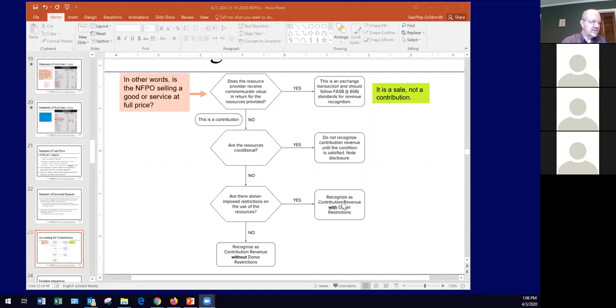If the answer is yes, it's revenue, but it's revenue with donor restrictions. If the answer is no, then it's revenue without donor restrictions. And you should be glad that they're doing it this way now, because the previous standard had multiple categories of donor restrictions with confusing titles.